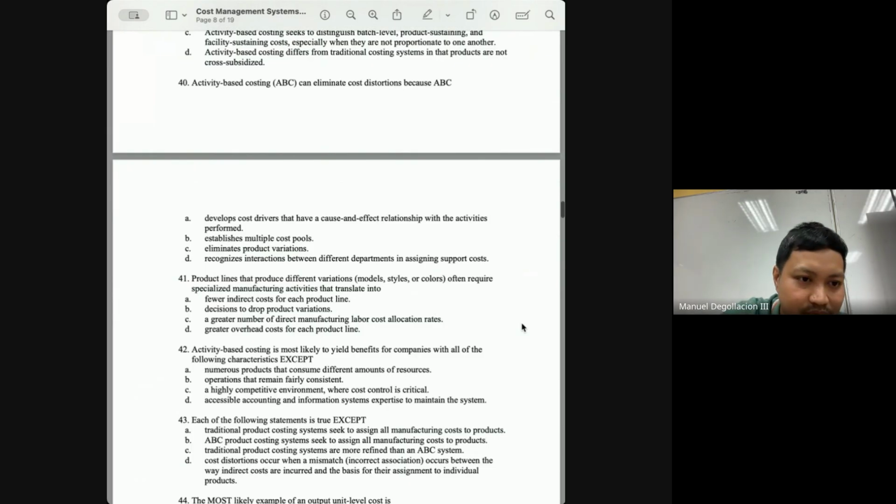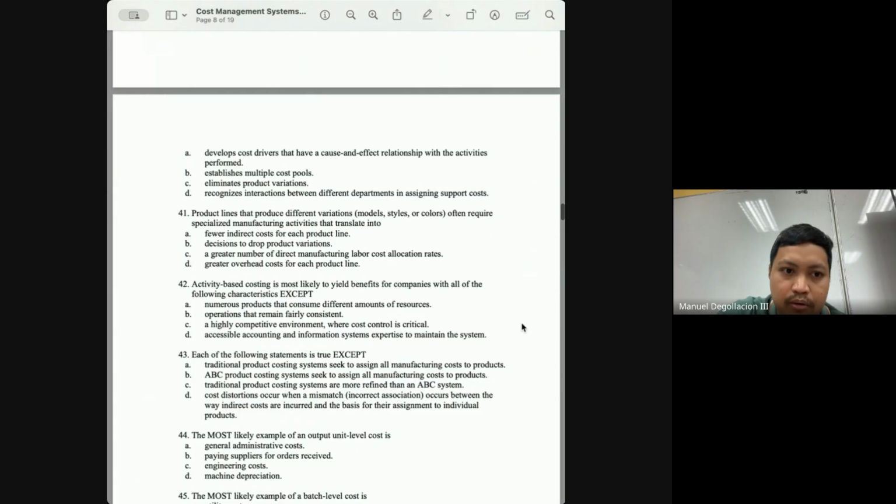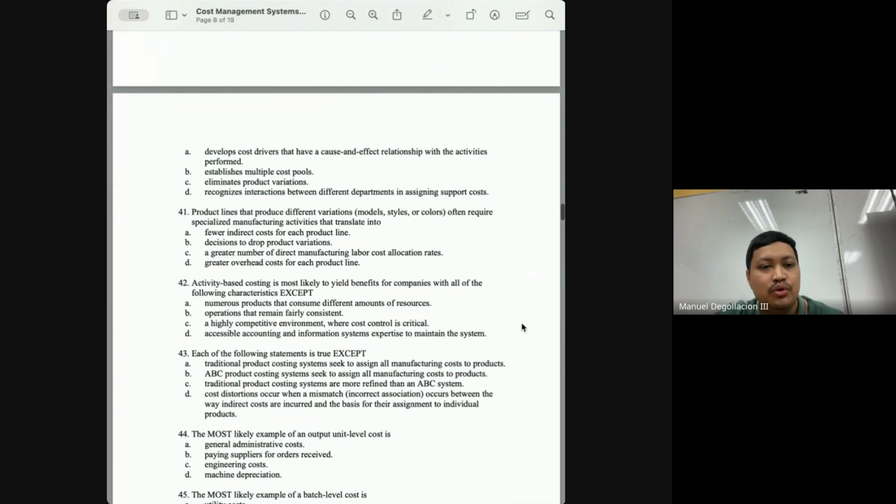41, product lines that produce different variations often require specialized manufacturing activities that translate into fewer indirect costs, class? No. Decision to drop product variation? No, especially if it's profitable.